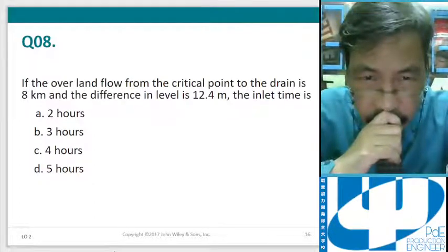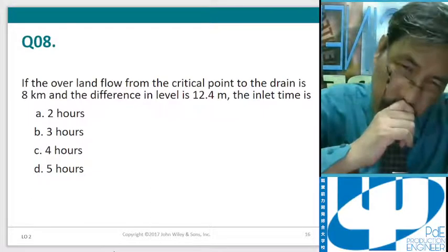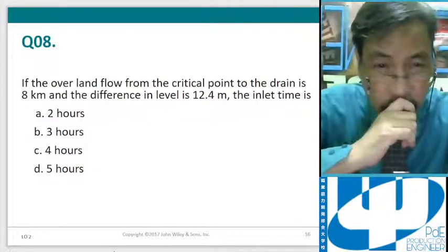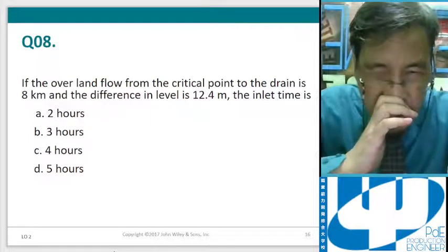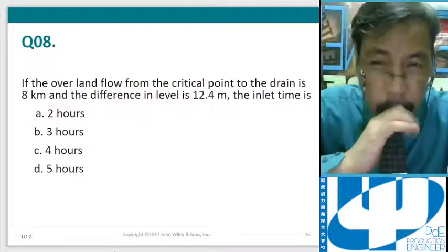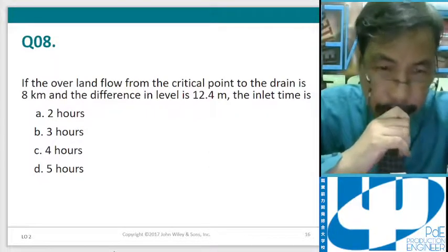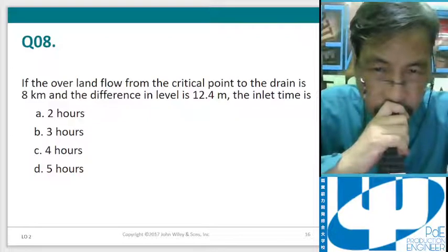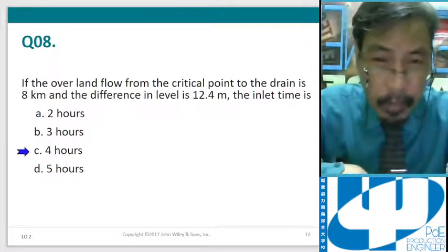Inlet time, difference in level, 1.2, about 1.2. About 4, squared. Okay, about 4 hours.